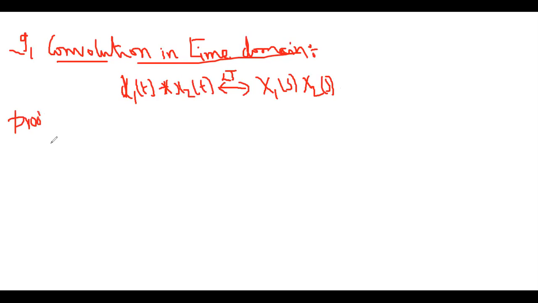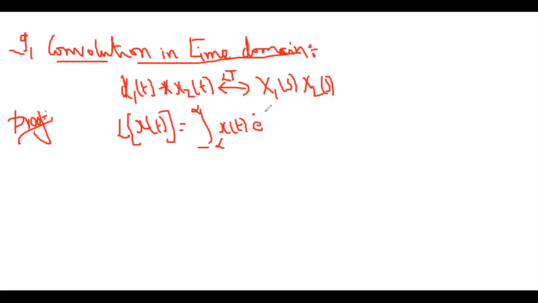Proof. On the definition of the Laplace transformation, the Laplace transformation of x of t is equal to the integral from minus infinity to infinity, I am taking minus infinity to infinity meaning the bilateral Laplace transformation, of x of t e power minus st dt.